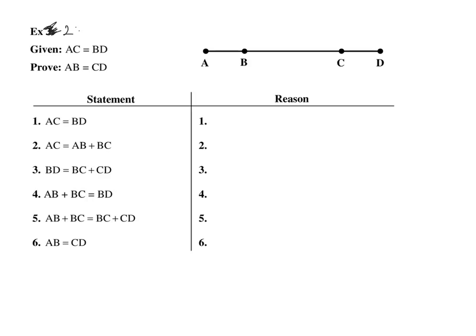Given AC is equal to BD. They're the same length. So the reason for the beginning is given. Then it says AC is equal to AB plus BC. Well, yes, the 2 parts of it make the whole thing.